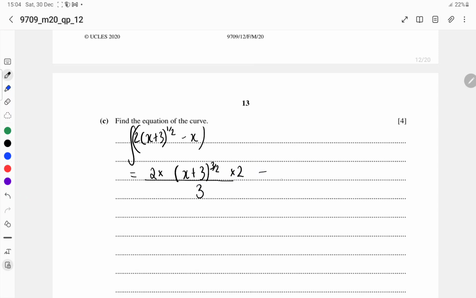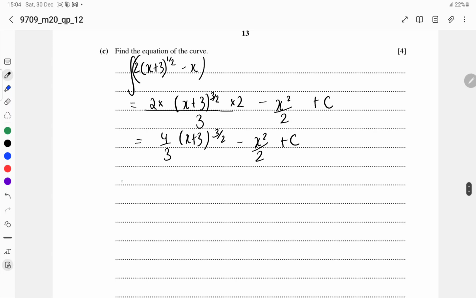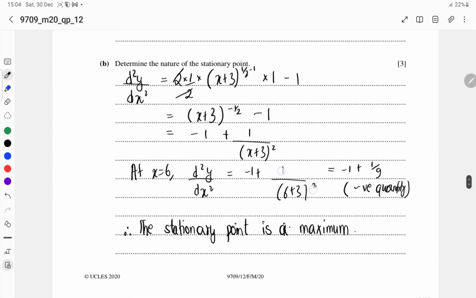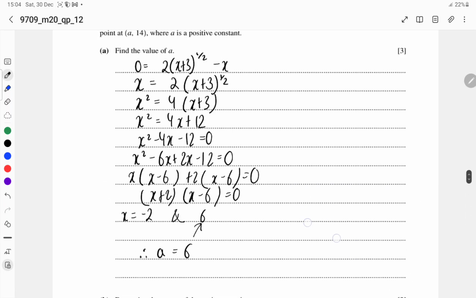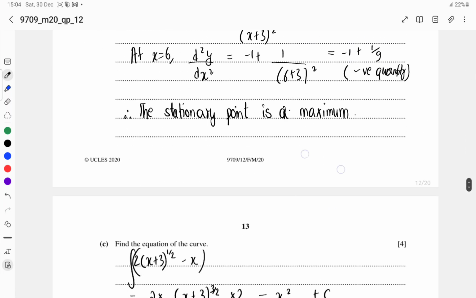right? And then the integration of x is going to be x squared over 2. So our function becomes 4 by 3 (x plus 3) to the power 3 by 2 minus x squared over 2 plus c, do not forget plus c. Then to find the value of c, we can use the point 6 comma 14.